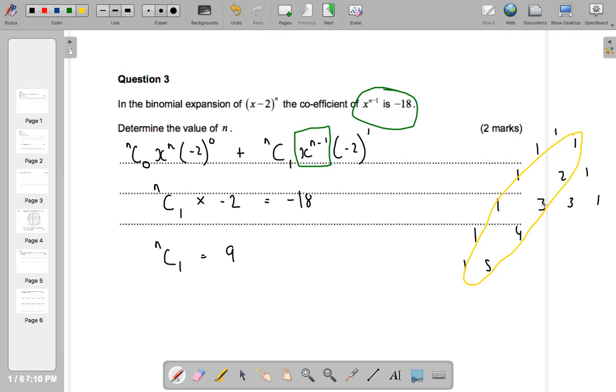So that's 2C1, 3C1, 4C1, 5C1. So, for example, 4C1 equals 4. 5C1 equals 5. 6C1 equals 6. So, we've got nC1 equaling 9. That would mean, based on that pattern, that n equals 9. And that's the answer.